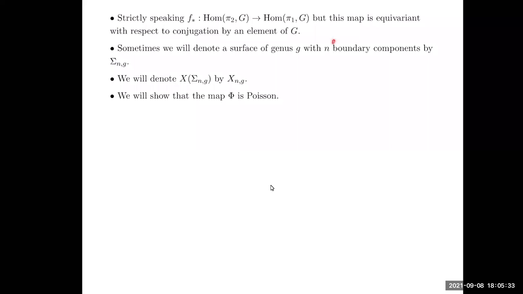So we will sometimes denote a surface with genus g and n boundary components as sigma n,g. That's what that means. And we'll write X n,g as the representation space for sigma n,g. We will show that the map phi is a Poisson map.